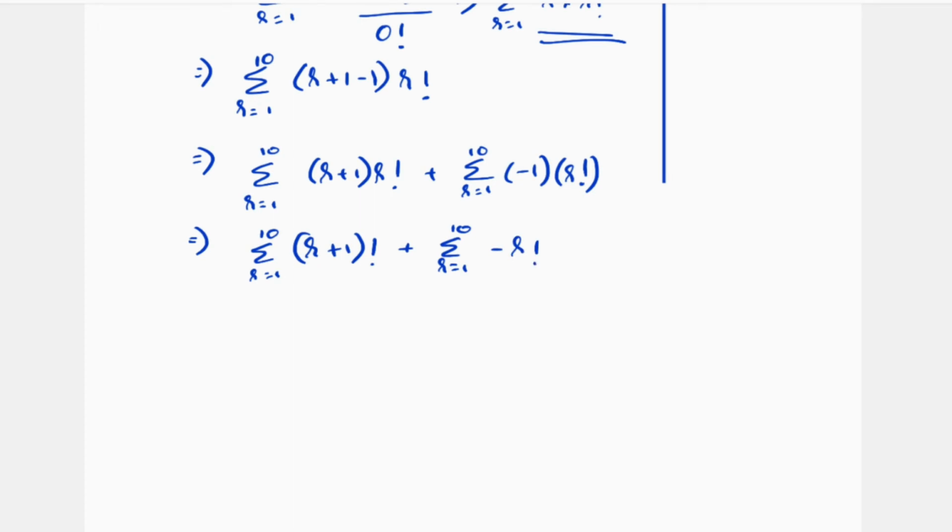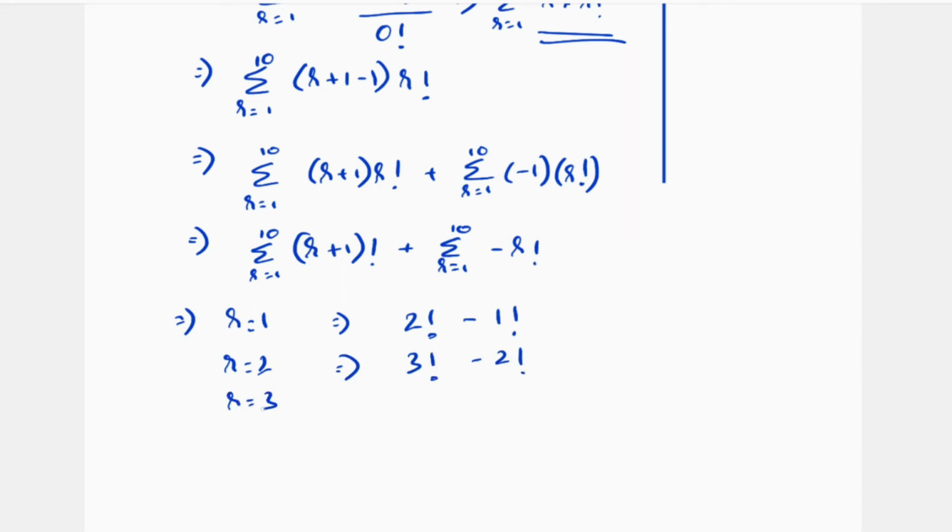Now wherever I have r equal to 1 to 10, I'm just going to substitute. When I take r equal to 1, r plus 1 factorial is 2 factorial, minus r factorial is minus 1 factorial. When I take r equal to 2, I'll be getting 3 factorial minus 2 factorial.